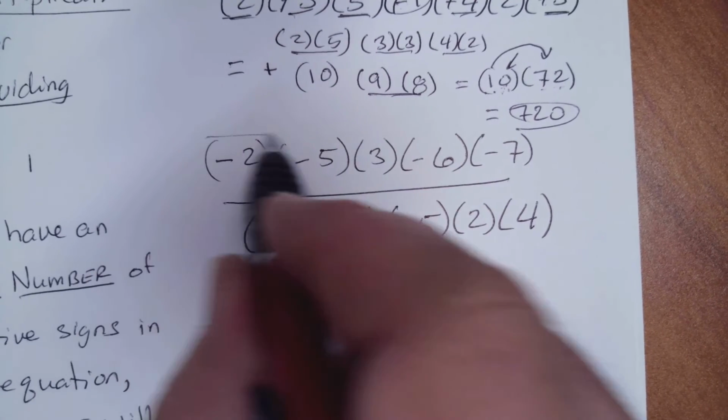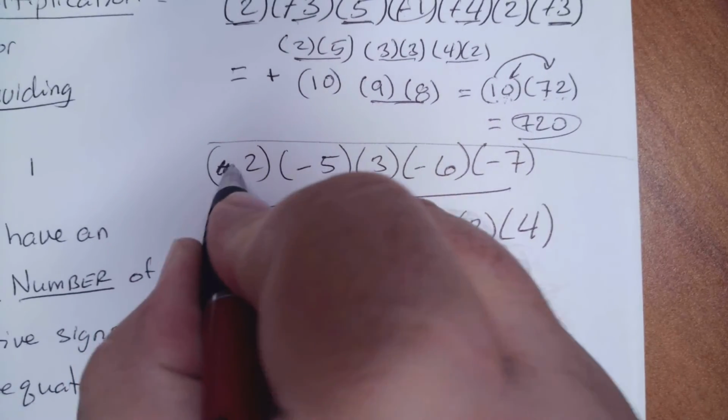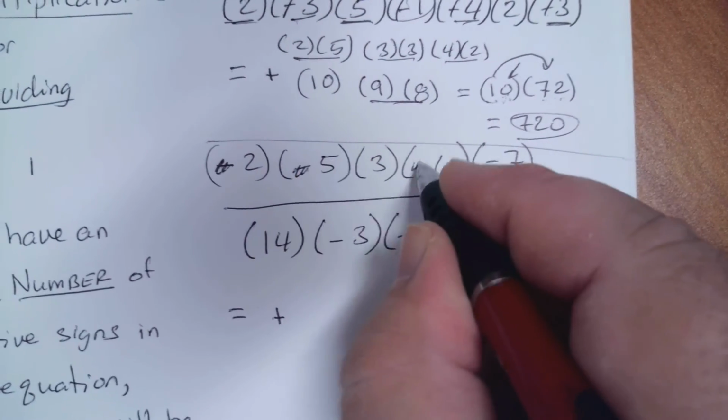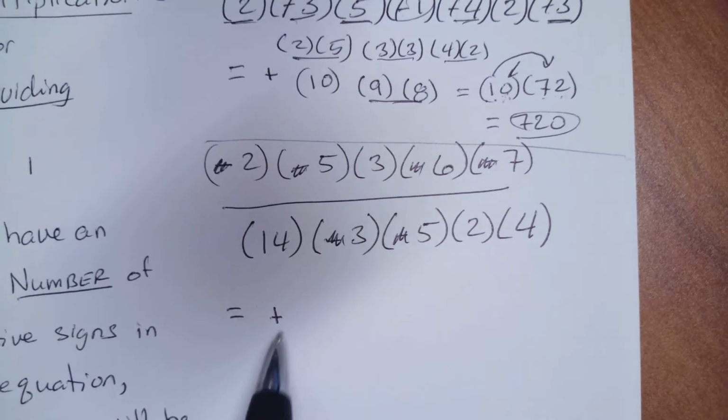This one's even easier. Because the whole purpose about division is what? Canceling. Is there anything same on top and bottom? Remember, we don't have to worry about the signs anymore. We're finished with the signs because we know the answer is positive.